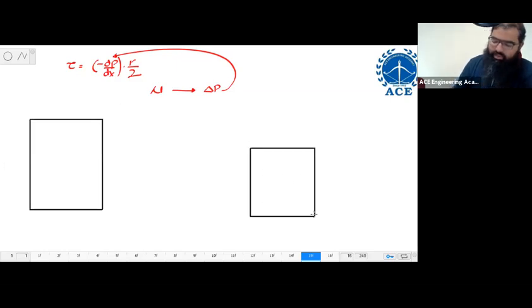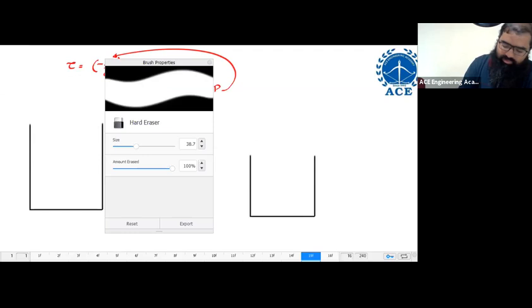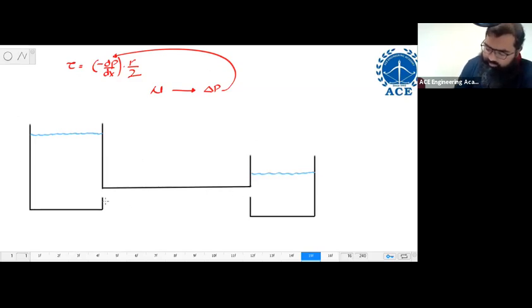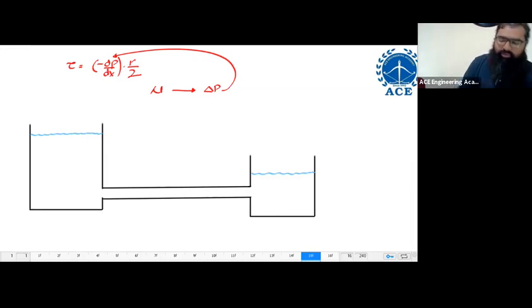Let us say there are two reservoirs, with fluid at different levels, and I am connecting these two reservoirs using a particular pipe.